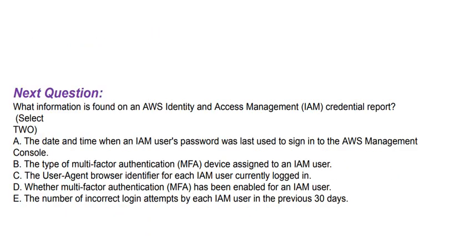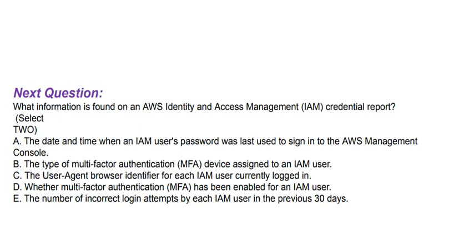Next question is, what information is found on an AWS Identity and Access Management Credential Report? Select two options. Option A, the date and time when an IAM user's password was last used to sign in to the AWS Management Console. Option B, the type of multi-factor authentication device assigned to an IAM user.